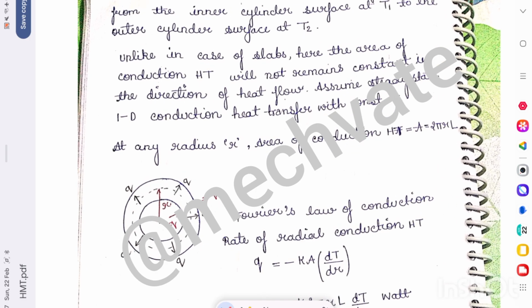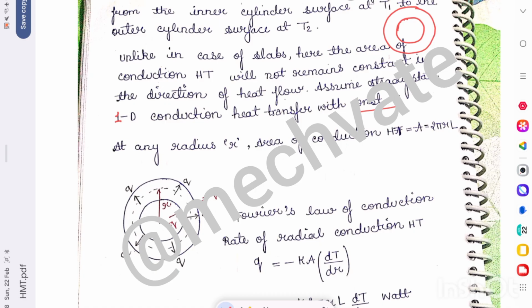Unlike in the case of a slab, here the area of heat conduction will not remain constant in the direction of heat flow, because heat is transferred from the smaller area to the larger area. Assuming steady state, one dimensional heat conduction with thermal conductivity K.